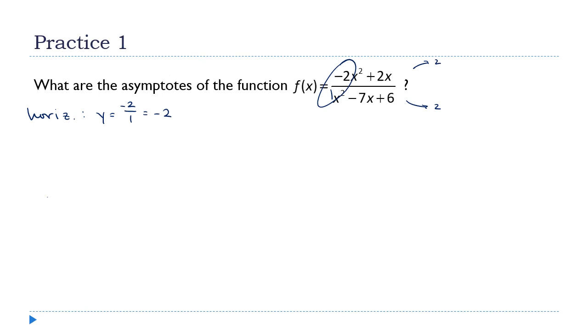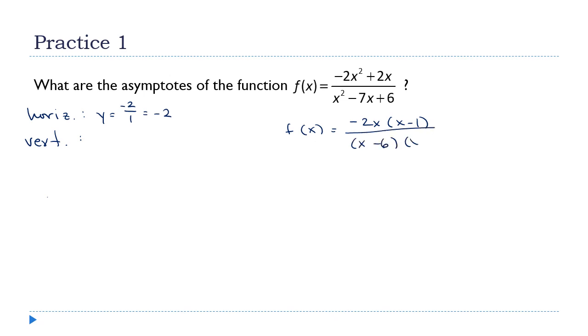All right, so now let me clean up a little here so I can see my function again. Now I got to think about vertical ones. And to find vertical ones, we need to simplify this. So let's do some factoring. F of x is equal to negative 2x times x minus 1 over x minus 6 times x minus 1.